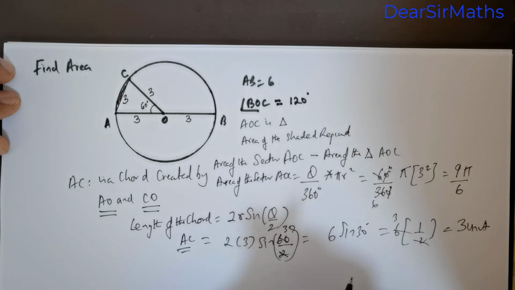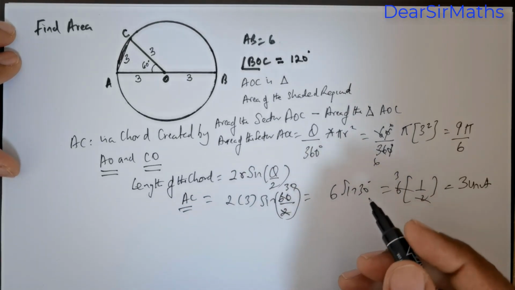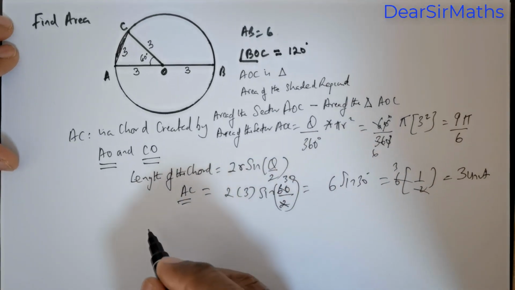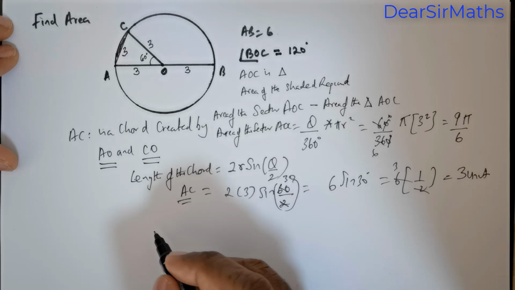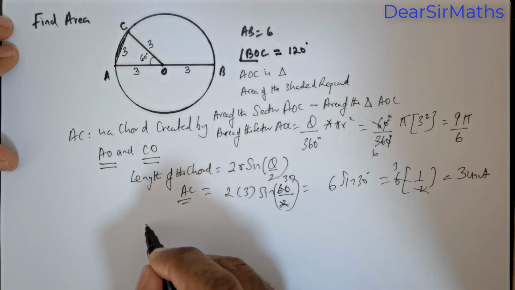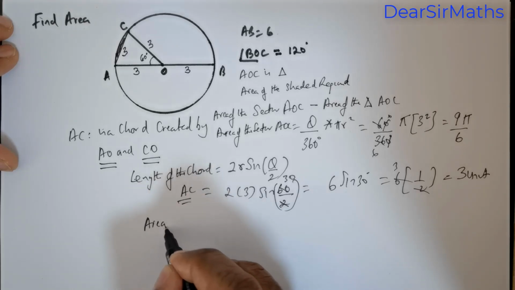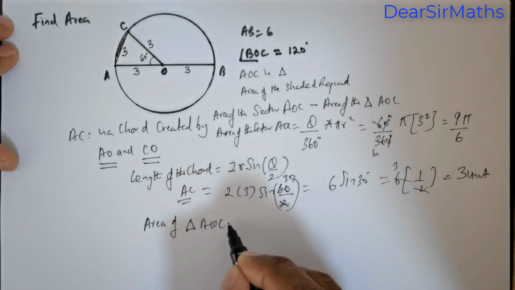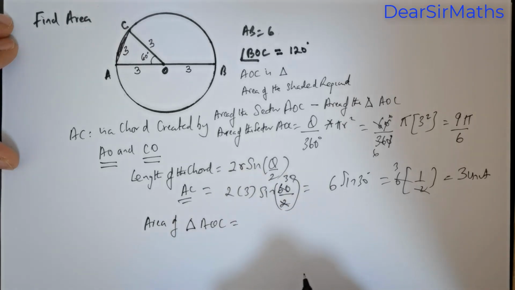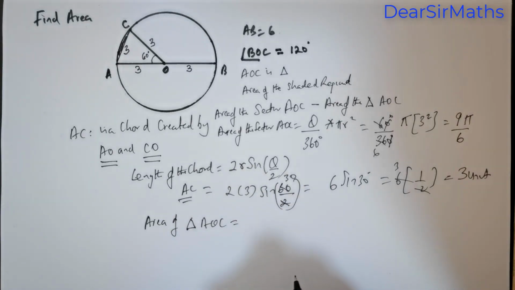Now, having obtained the chord, it's easy for us to find out the area, right? So the area of the triangle can easily be obtained. So in this case, how are we going to obtain the area of triangle AOC? What is the formula we can utilize here?